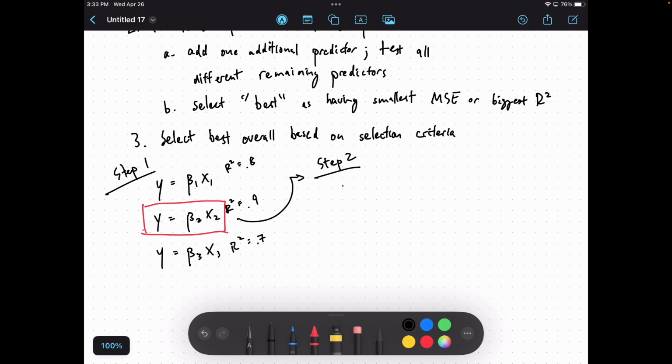And in step 2, I'm going to test combinations, adding one variable at a time, always starting with the variable that I've decided to keep in my regression in step 1.